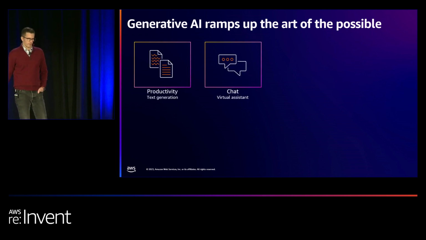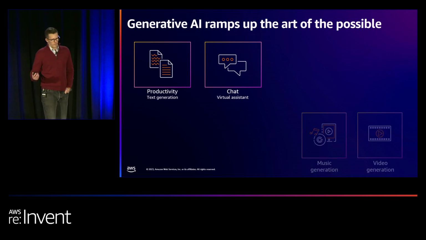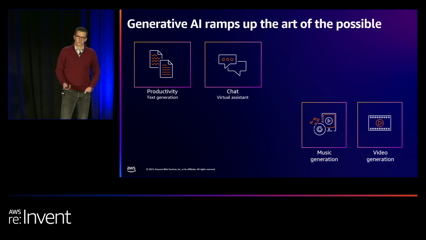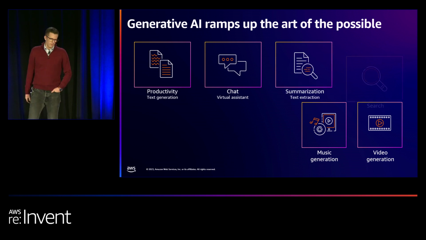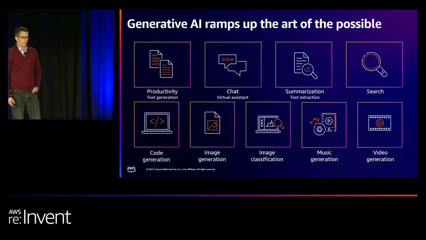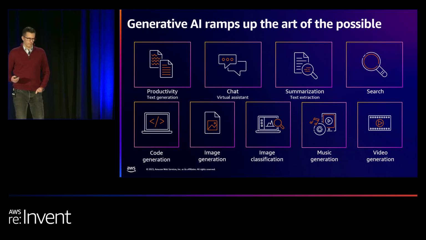A really broad range, from text generation for productivity applications that can improve worker productivity, to applications where customers are enhancing creativity, like with music generation and video generation apps. And there are so many more in between, but we know we're just scratching the surface of what generative AI can do these days, and we're super excited to continue working with our customers to identify new applications and figure out where Gen AI can add value.